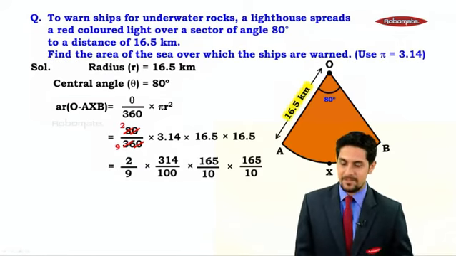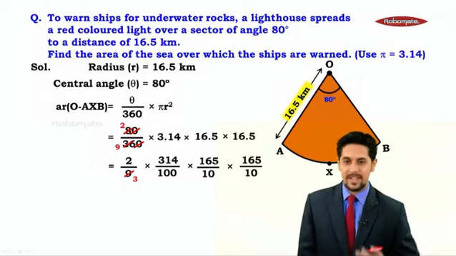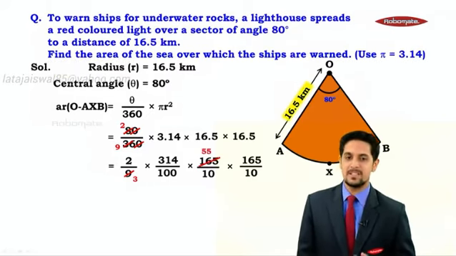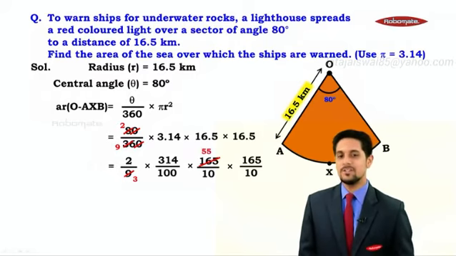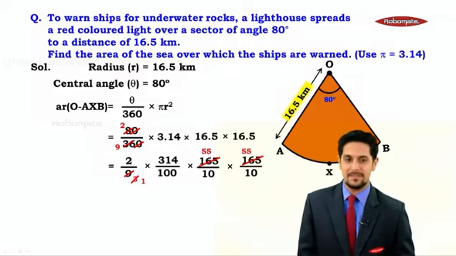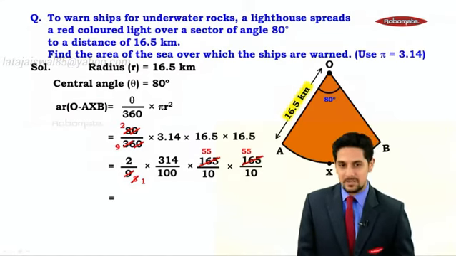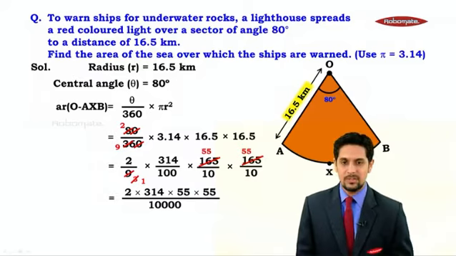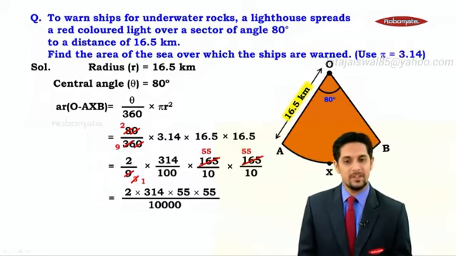Now, let us simplify this further. We have 3 into 3 times is 9 and 3 into 55 times is 165. Also 3 into 1 times is 3 and 3 into 55 times is 165. The terms left are 2 into 314 into 55 upon 10,000.